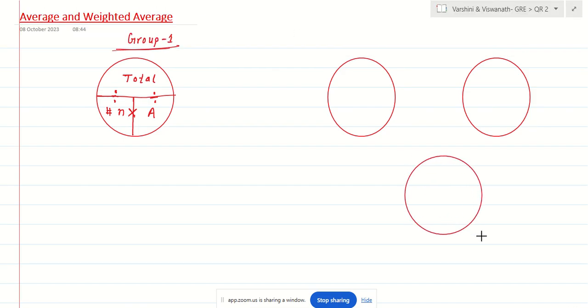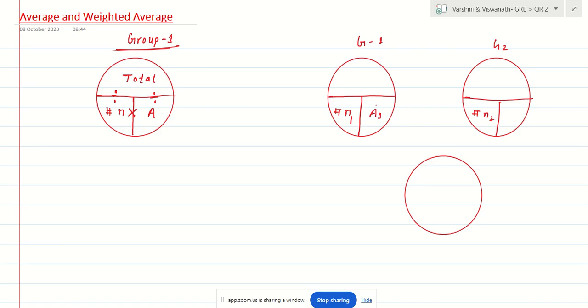Let's say group 1 has some number of people n1, and group 2 has n2 people, and I have a1, the average.